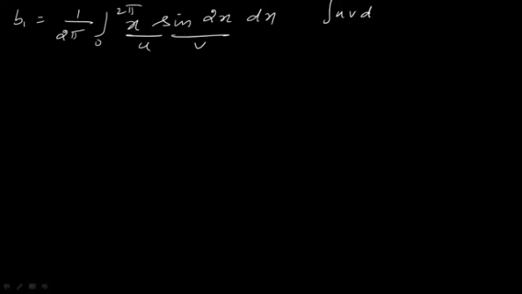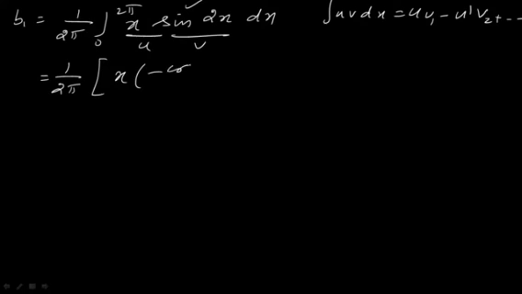So integral uv dx is equal to uv1 minus u dash v2 plus etc. Isn't it? So by making use of this formula, let me evaluate the integral. So that is equal to 1 by 2 pi, u is nothing but x, v1. So integrating v1, sin 2x, you get minus of cos 2x divided by 2 minus u dash, this is your u and this is your v1.